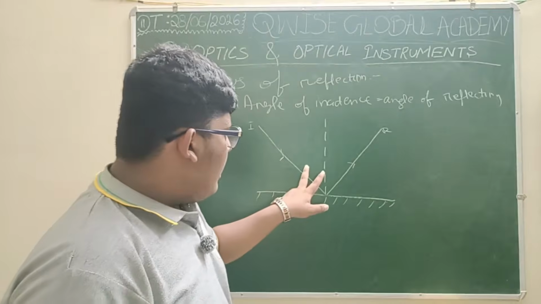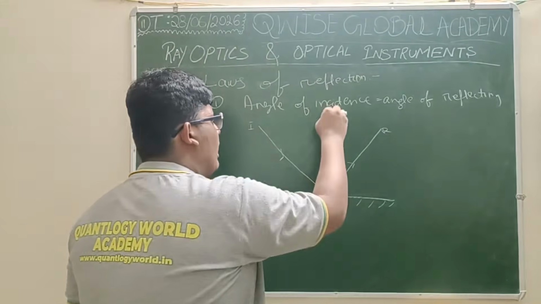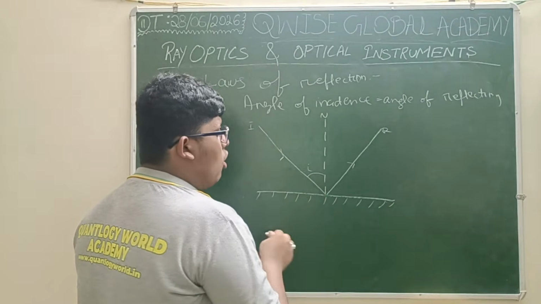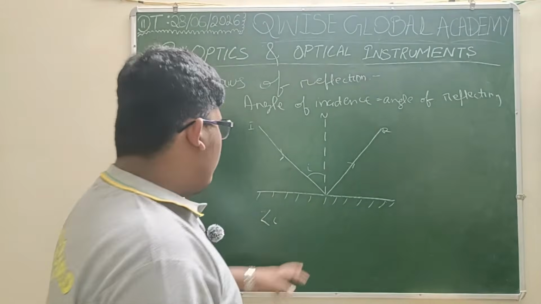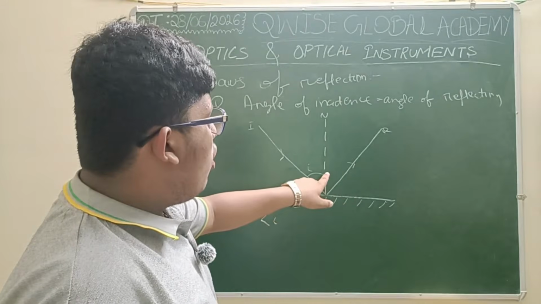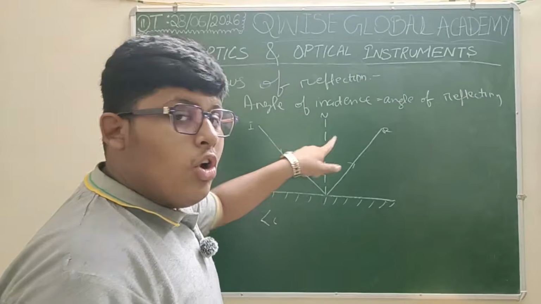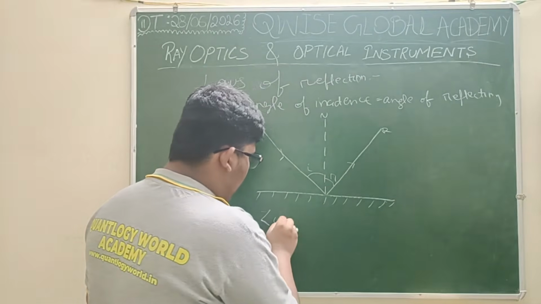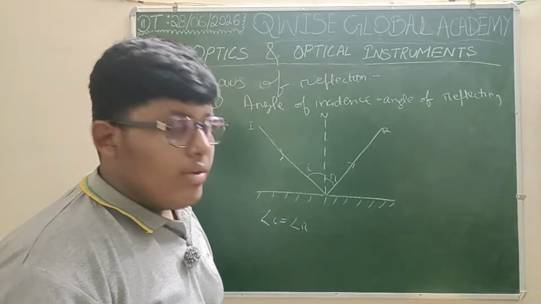The angle between incident ray and normal is called angle of incidence or angle I. And what is angle of reflection? The angle drawn between reflected ray and normal is called angle of reflection, angle R. And angle I equal to angle R. This is the first law of reflection.